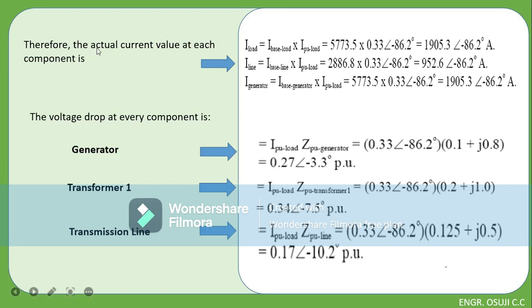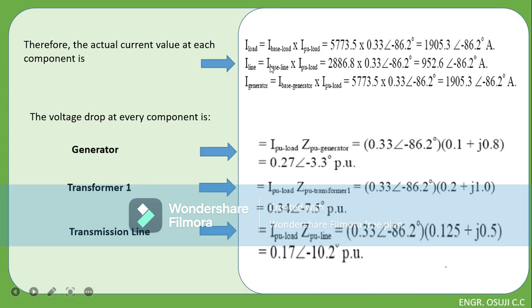So now, therefore, the actual current value at each component is, because we have gotten the base values, we can now determine the actual current in each of those components. So like we have here, we see that I load, the actual current for the load, is equal to I base load times I per unit load. So at the end of the day, this is what you're going to have.